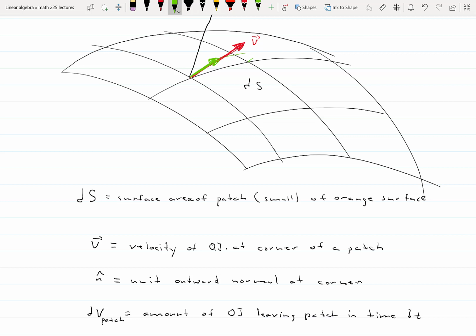And I'm going to use that to construct a parallelepiped, which gives the amount of orange juice leaving the patch in time dt.